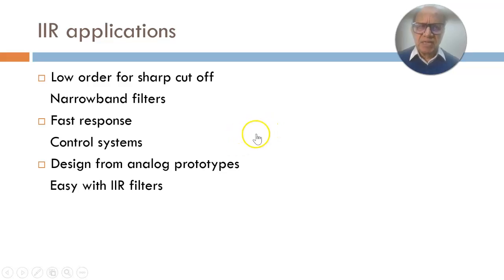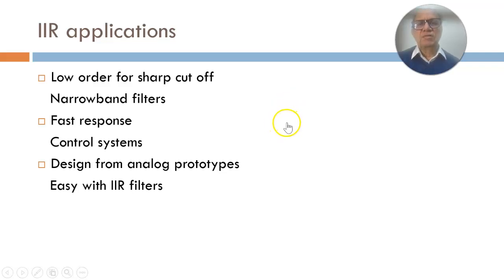Whereas FIR filter design is separate, we have already studied that, but it does not follow analogously from analog prototypes. So this is one academic advantage, you can say, that you can design the IIR filters from the analog prototypes. But in general, the IIR filter design is going to be involved. It becomes simplified only because it follows from the analog prototypes which are available.